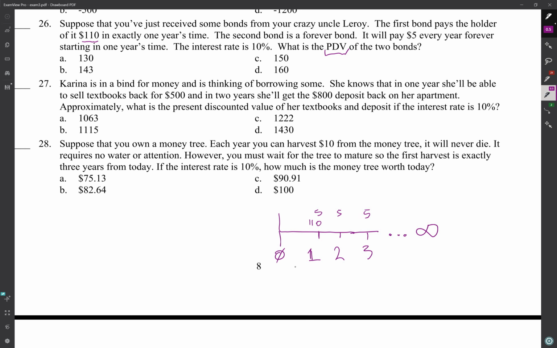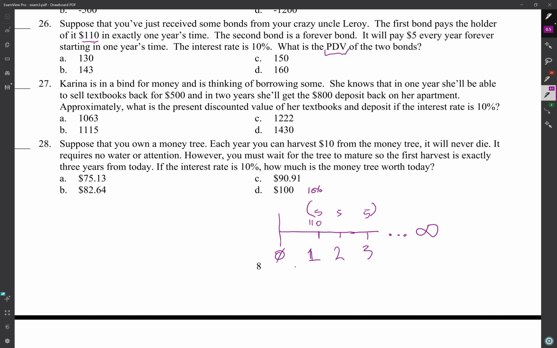Okay, well, if we want to know the present discounted value of both of these bonds at a rate of 10%, then what do we do? Well, we know what the formula for perpetuity is. We're going to use the perpetuity because we're going to get this $5 forever.